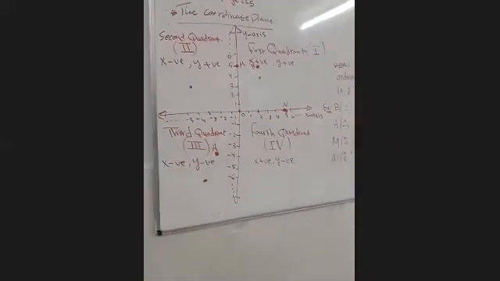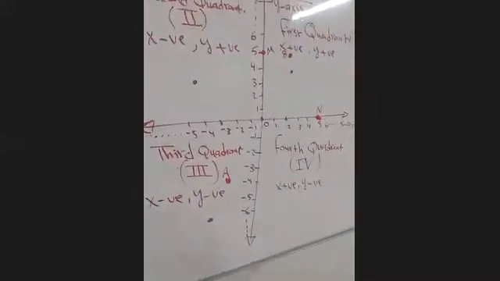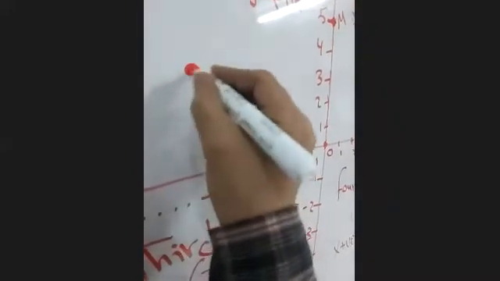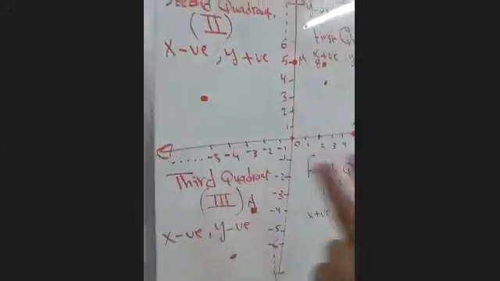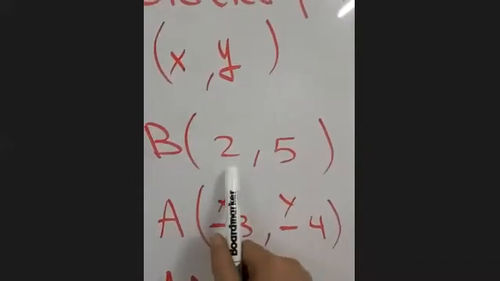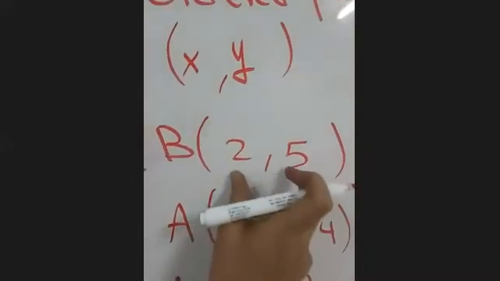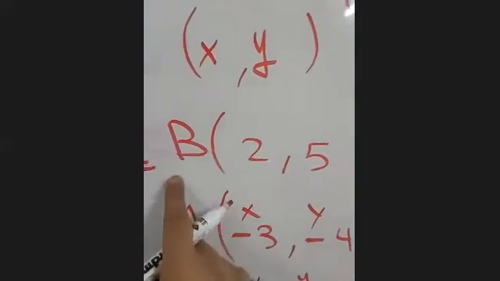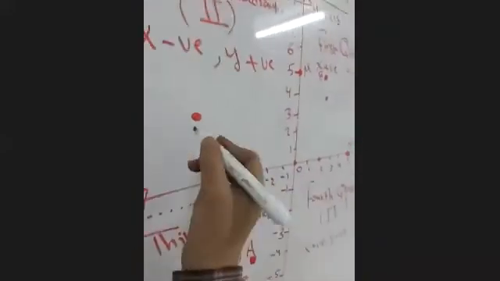Now, this is the first idea, how to plot a point on the coordinate plane. The second idea: how do I know the coordinates of a point that is already plotted? These numbers, for example 2 and 5, we call them the coordinates of the point B, x and y. How do we get x and y from this point? I will go to the point.